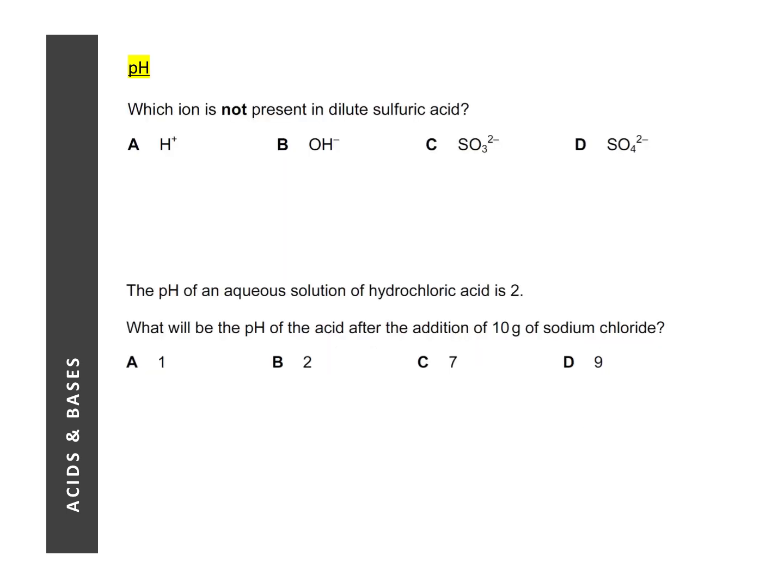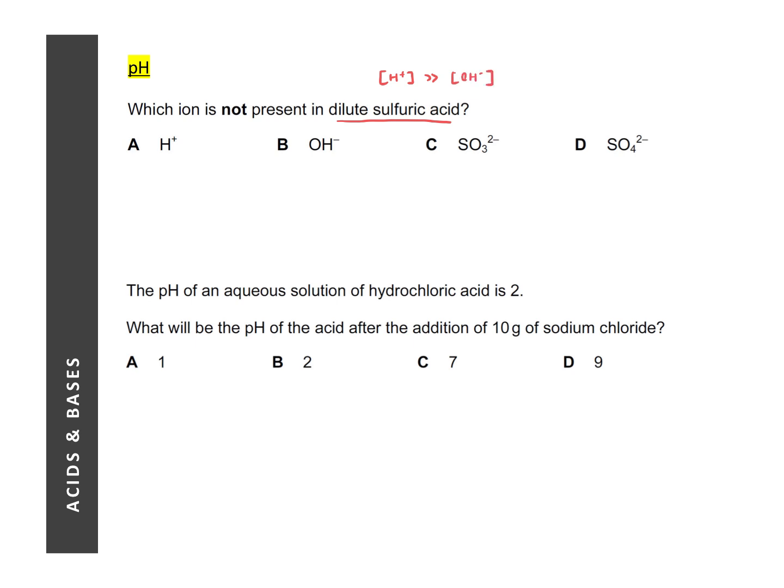The next set of questions will be related to pH and indicators. For the part on pH, one concept that Cambridge likes to test is that in very strongly acidic solutions, or solutions with very low pH, it simply means that the concentration of hydrogen ions is very much greater than the concentration of hydroxide ions.